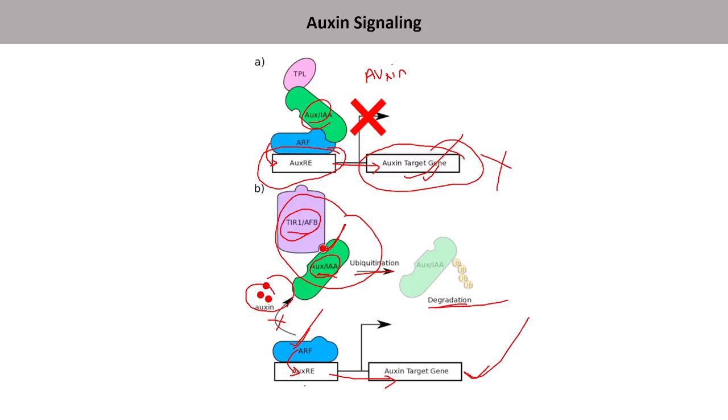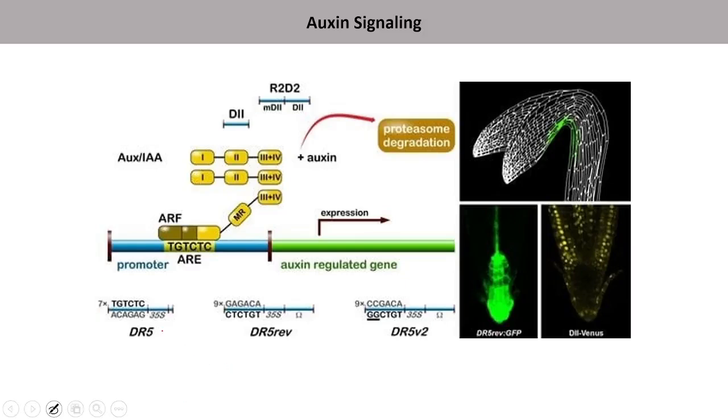And once these auxin responsive elements get activated, the promoter will help the transcription of its target gene, and that's how the signaling will happen. Now the question is what is this AuxRE? This is a small element which is also called DR5, whose sequence is TGTCTC.